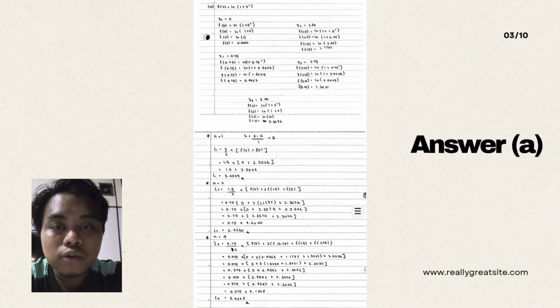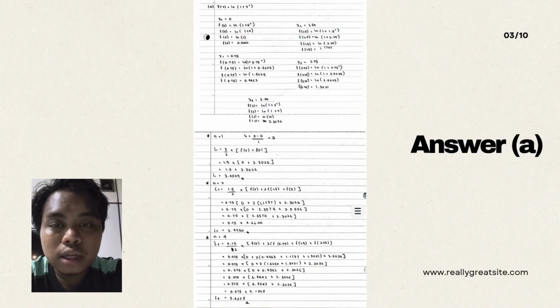Now substitute into the formula: I1 equal to 3 divided by 2 times f(0) plus f(3). Substituting the function values, I1 equal to 1.5 times (0 plus 2.3026). Therefore, I1 equal to 3.4539.